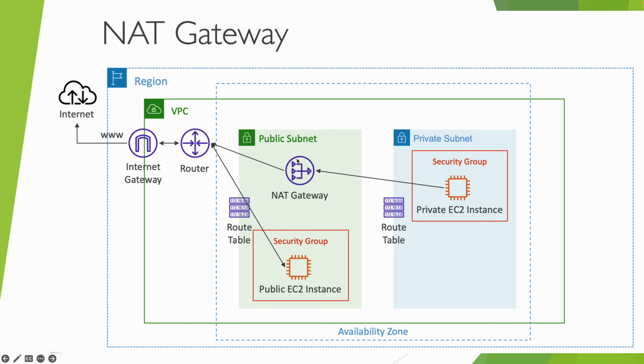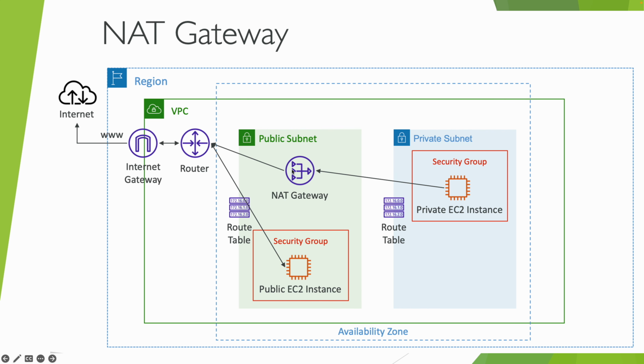As we have already seen, the NAT gateway must not be in the same subnet, so we'll create it in the public subnet. From the public subnet, we'll create a route to the private instance, and the NAT gateway will be connected to the internet gateway. This is how the internet flows to the private subnet using the NAT gateway.